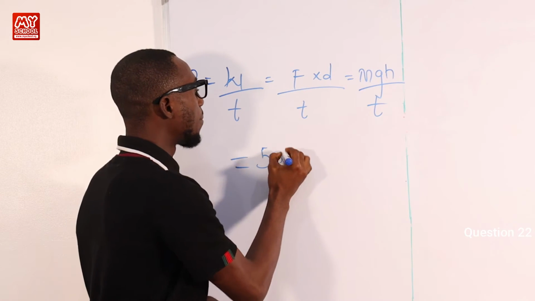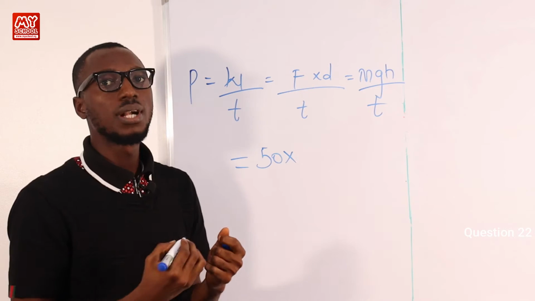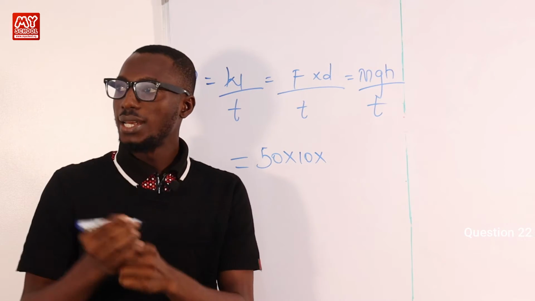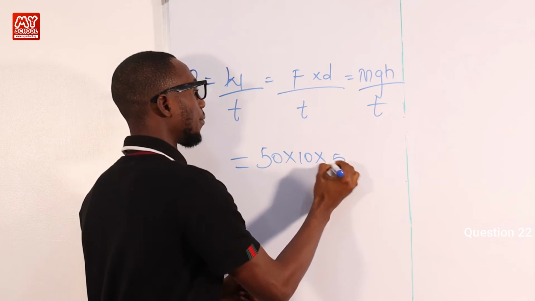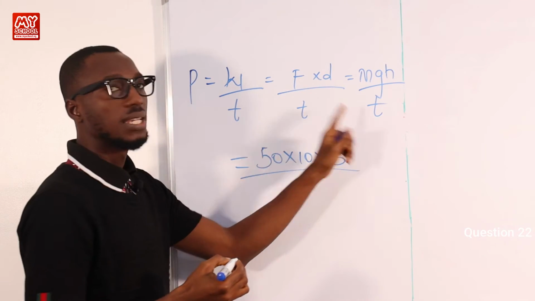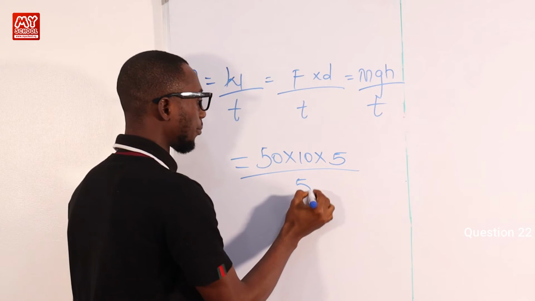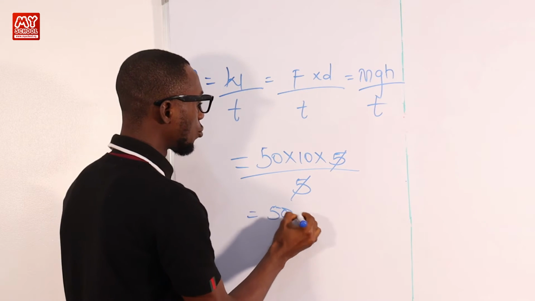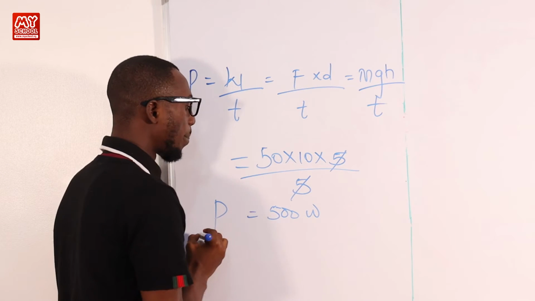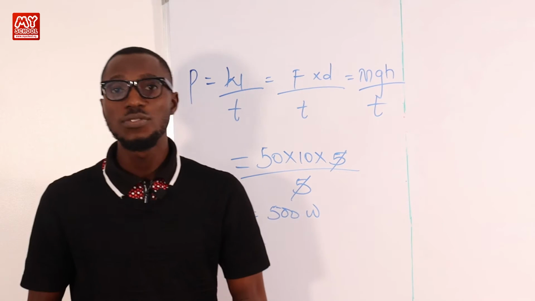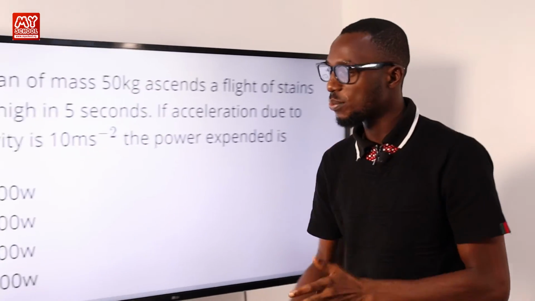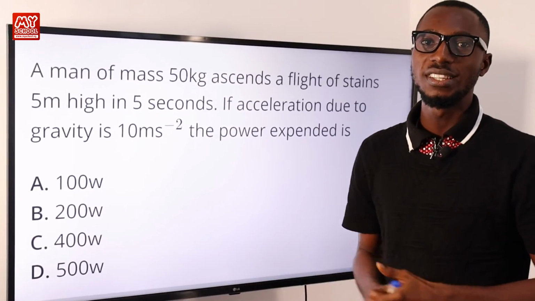That's 50 times acceleration due to gravity, 10, times the height, 5, over the time taken, which is 5 seconds. So 50 times 100 over 5 is 500 watts, the unit for power. Going back to our screen, we select the correct option, 500 watts. We can see that option D is correct.